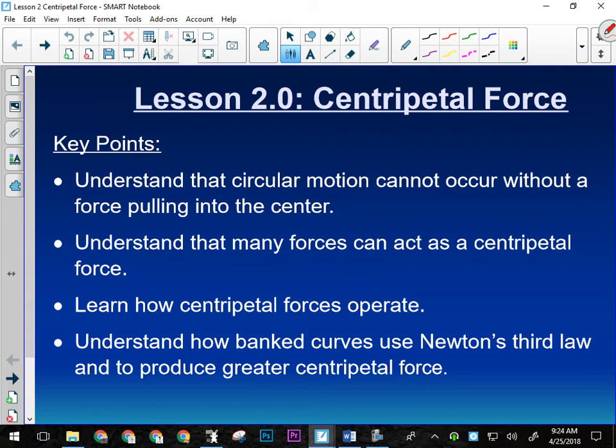Okay. So we're going to look at also now some applications. We're going to look at how banked curves use Newton's third law to produce greater centripetal force. Okay, so a banked curve is like the exit or the on-ramp out here getting onto Highway 2. Okay, that road is banked slightly, okay, in order to give us greater safety when negotiating the corner in poor road conditions.